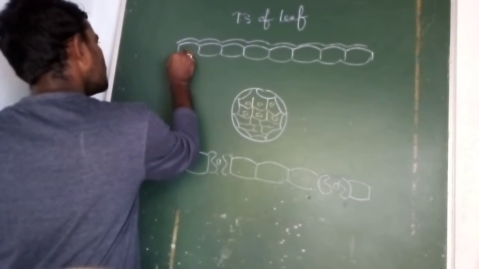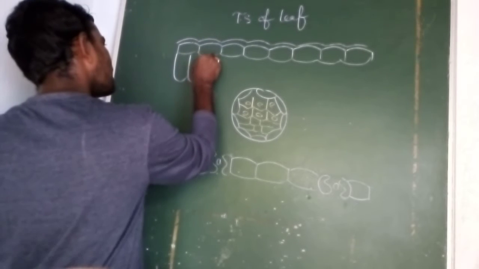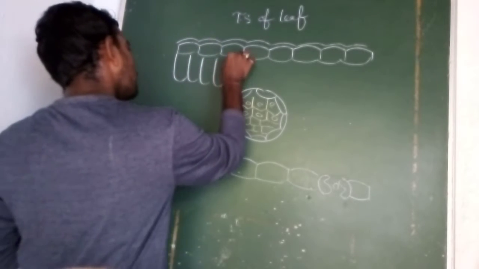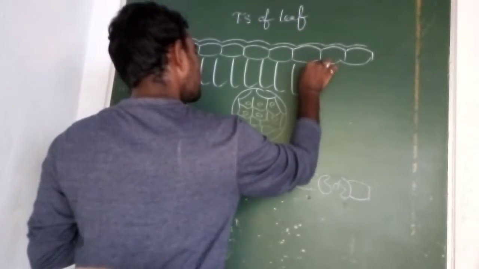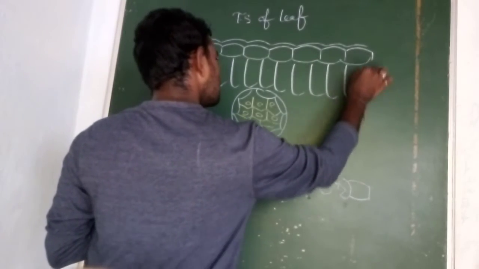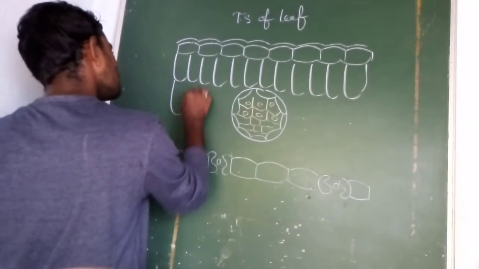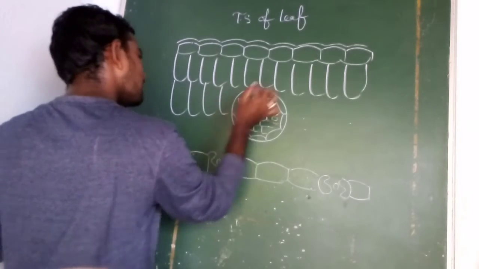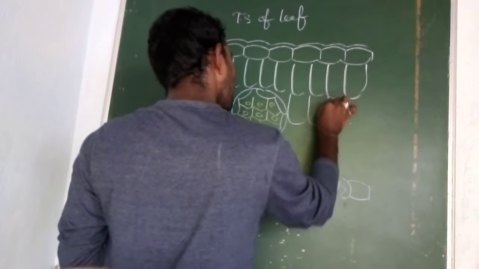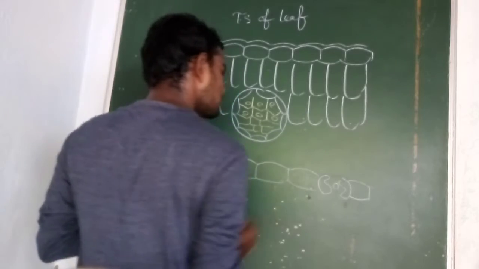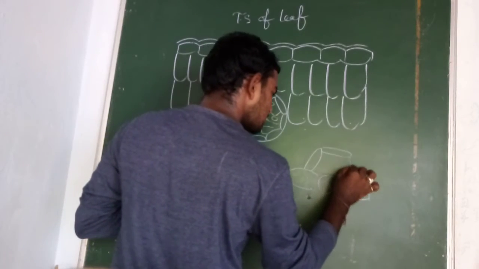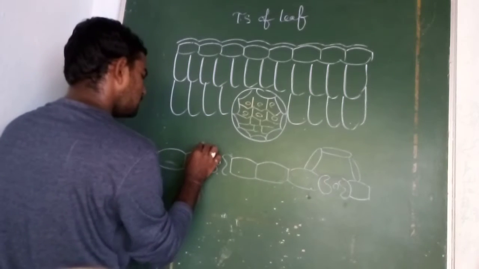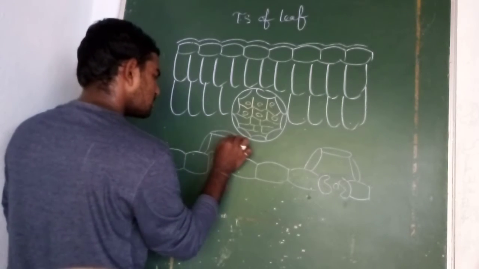Along with this, they contain the cylindrical or longitudinal cells called palisade parenchyma. Along with this palisade parenchyma, we can see air spaces. Here also air space.